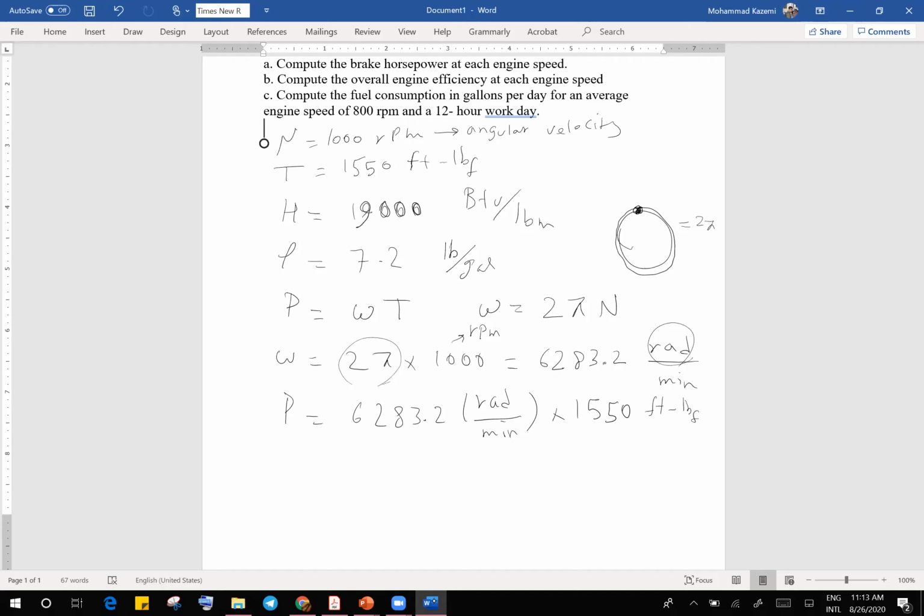What unit should we present power in? Horsepower, right? What is the conversion factor? 33,000. Exactly, 33,000. We divide it, right? Feet pound force per horsepower, right? So once we did that calculation, we do this conversion factor. And if we do that calculation, we get 295.12 horsepower, right?